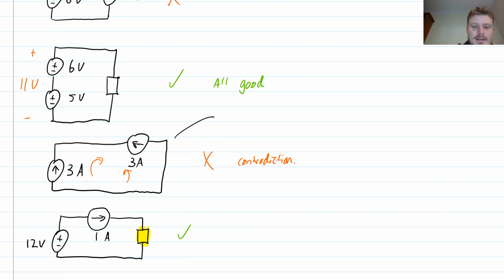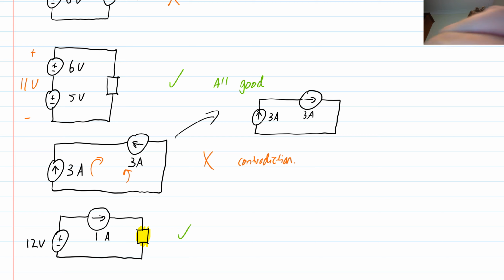So let's take this one and draw a little variant of that. So if I had my 3 amps like that, and then I take my other current source and I turn it around, and I say 3 amps going that way, if I do it like this, then that one is okay, because these two current sources are kind of helping each other, right?